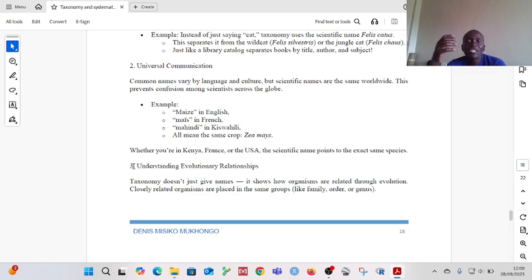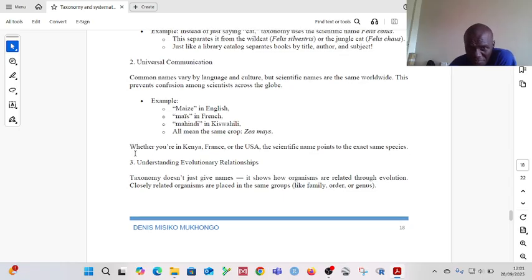Yet globally, taxonomy refers to it as Zea mays. So it doesn't matter whether you are in France, in Kenya, or in America. So long as you talk of Zea mays, the scientist in America and the scientist in France will understand. The scientist in Kenya or even Tanzania will understand that you are talking about a certain thing. If we didn't have taxonomy, then these people would not have a common way in which they can communicate without confusion.